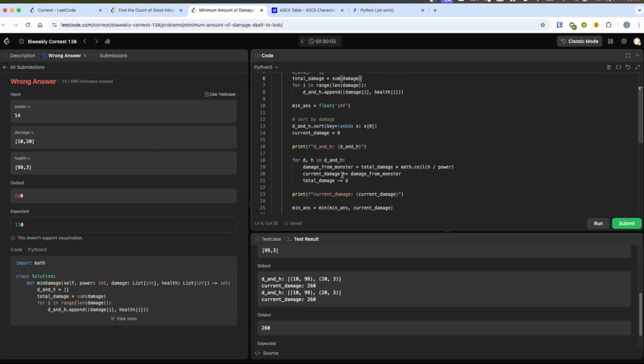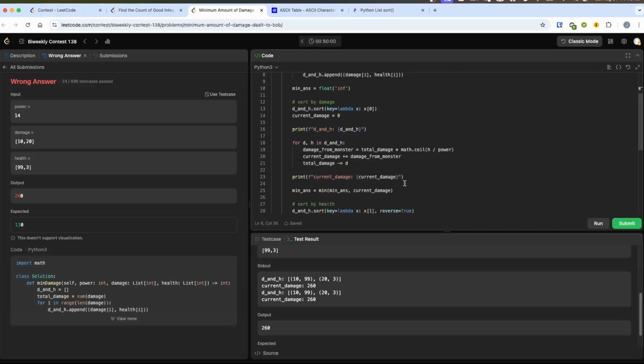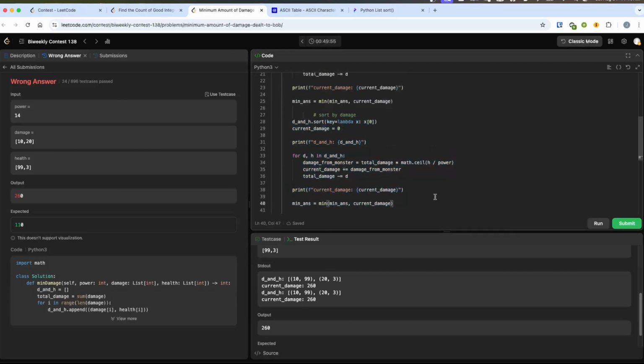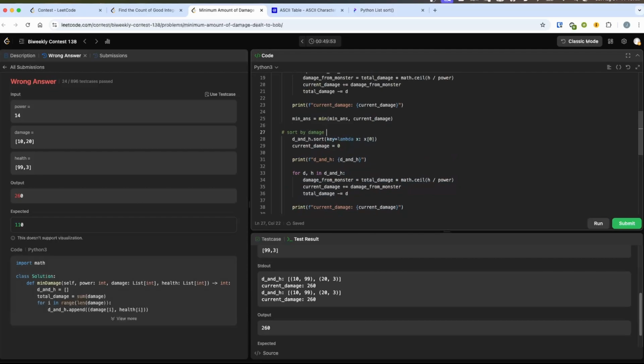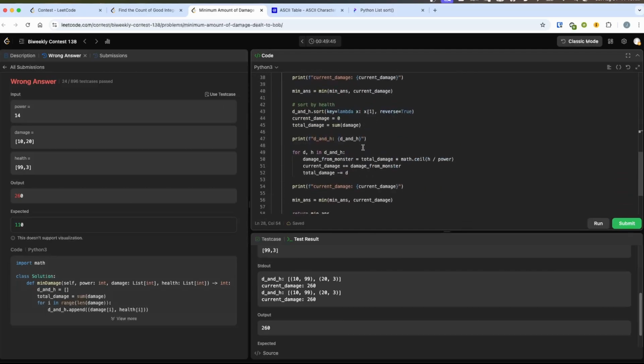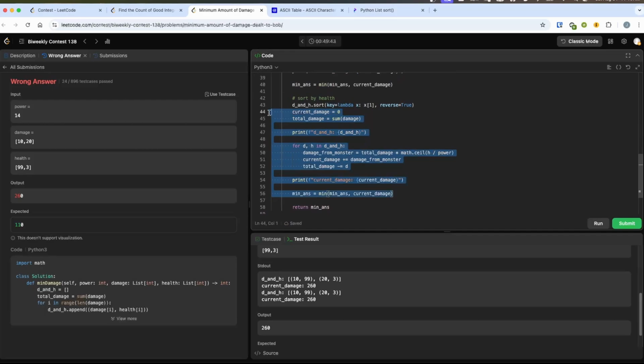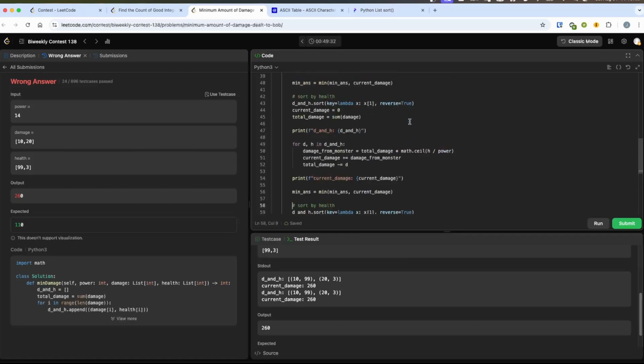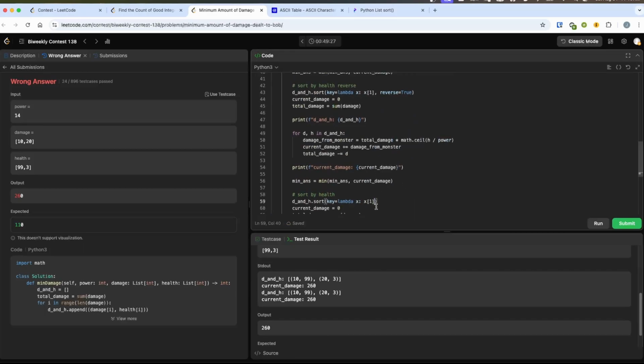Okay, so then we want to sort by damage. What a mess. Sort by damage. Reverse. Sort by health. We want to do sort by health. This is regular sort by health.